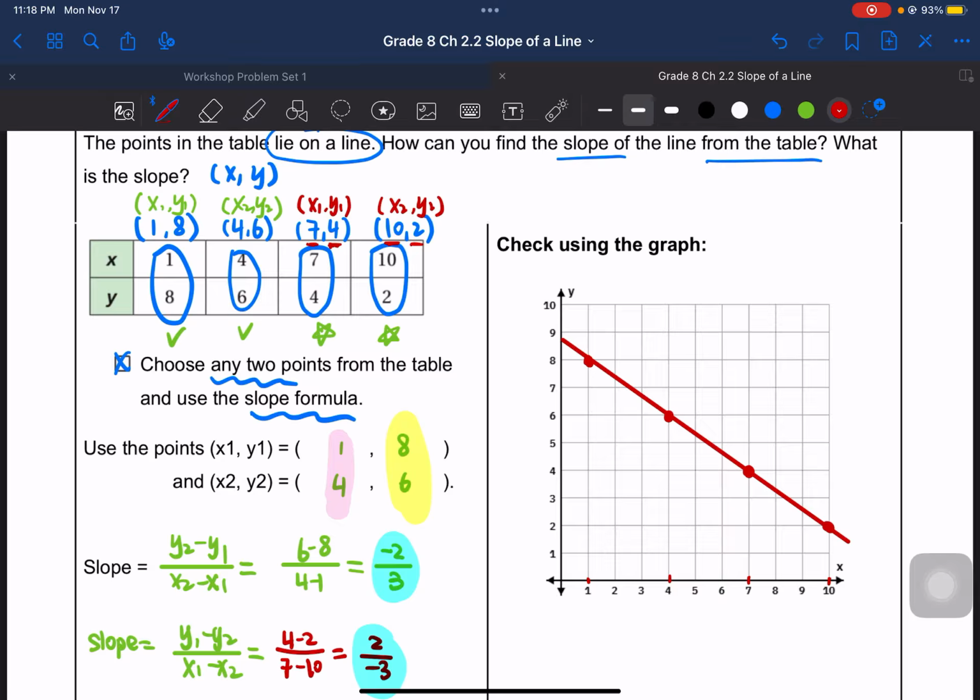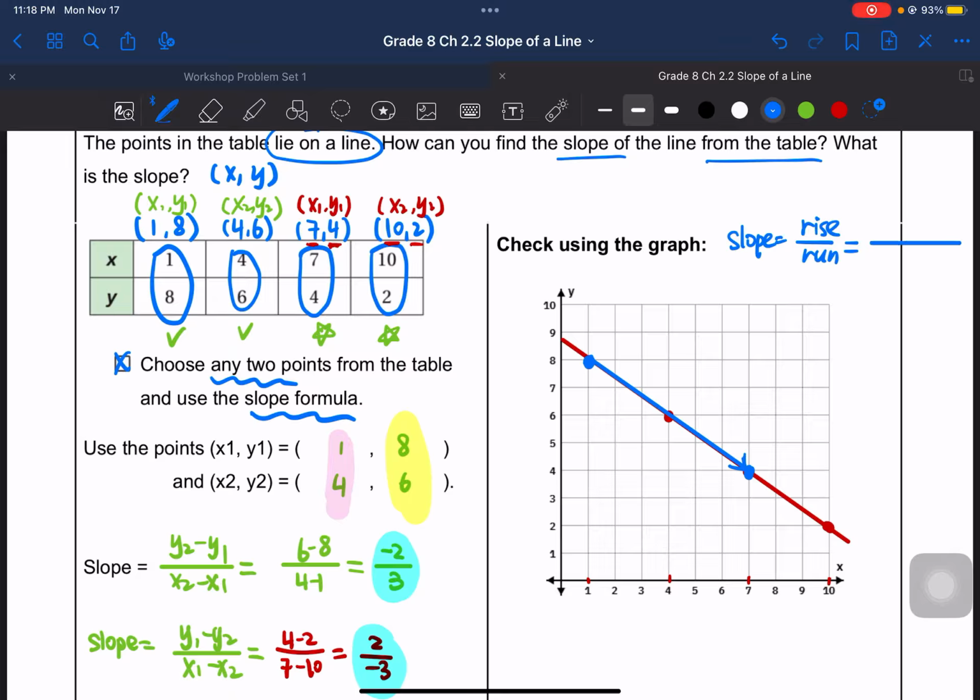So to use a graph to find the slope, again, we do the same thing. We just find any 2 points. For example, let me do the first point and then the third point. So if I go in this direction from that point to the bottom point, I want to find the slope, which is rise over run, which is changing y over changing x.